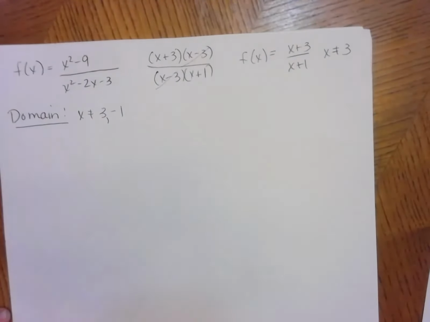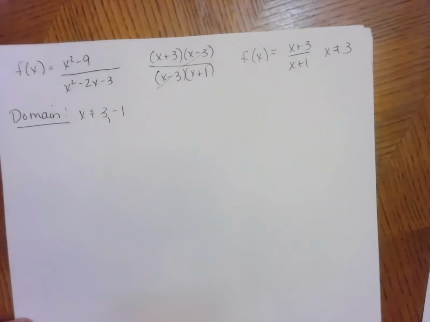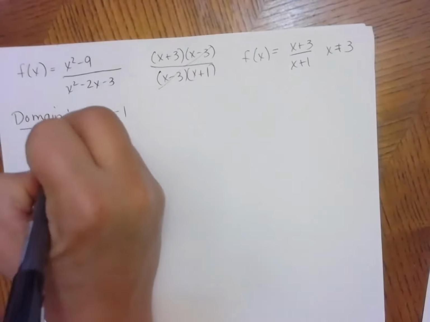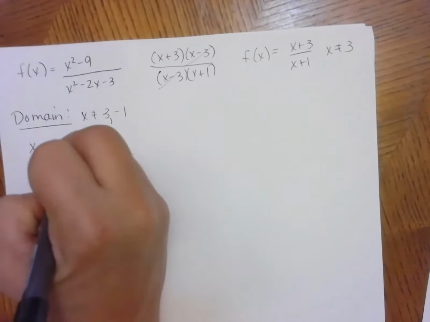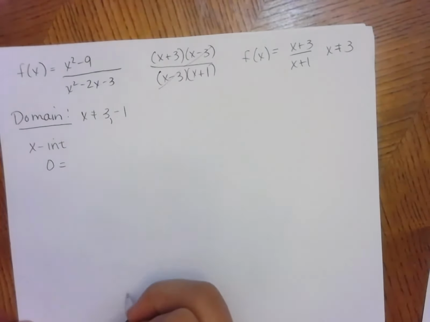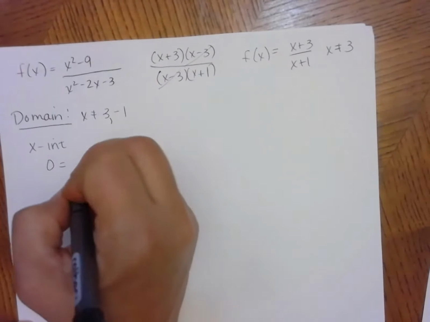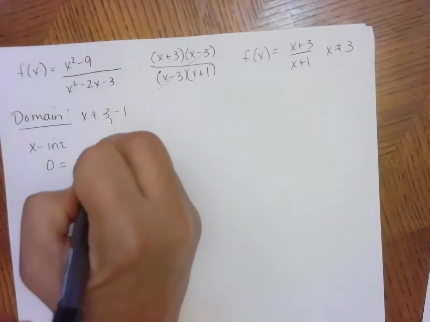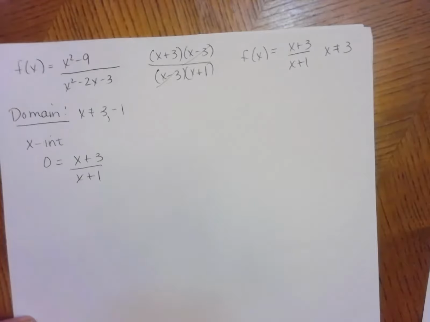Okay, so let's find intercepts. If I find the x-intercept first, then I plug in 0 for y. So I have 0 is equal to, I'm going to use the simplified version. If I use the other version, I should get the same thing. Well, actually, I'll get an extra one that I can't use.